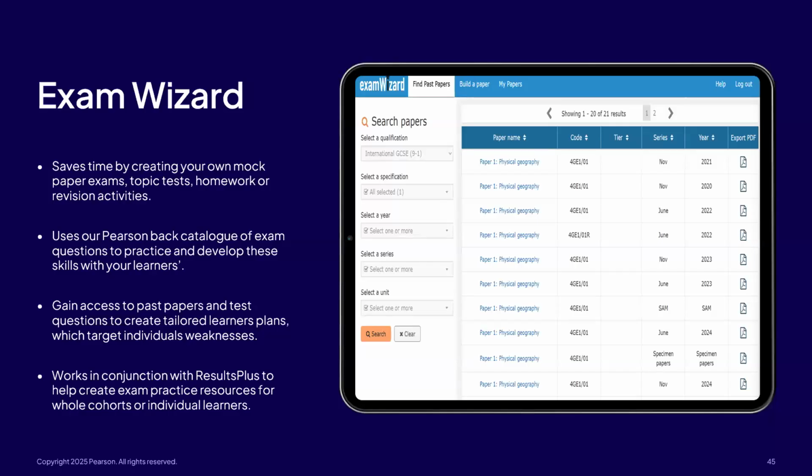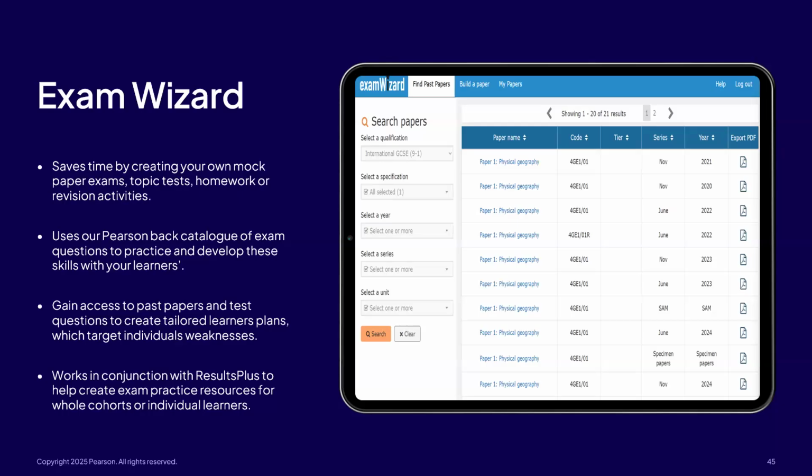Now, Exam Wizard is not available for every qualification, and I think probably the one we're talking about today is not going to be available on Exam Wizard, but some of you may be teaching other specifications or other subjects. So just to tell you what it is, it's perhaps something you would recommend in the staff room to people who are working on different subjects.